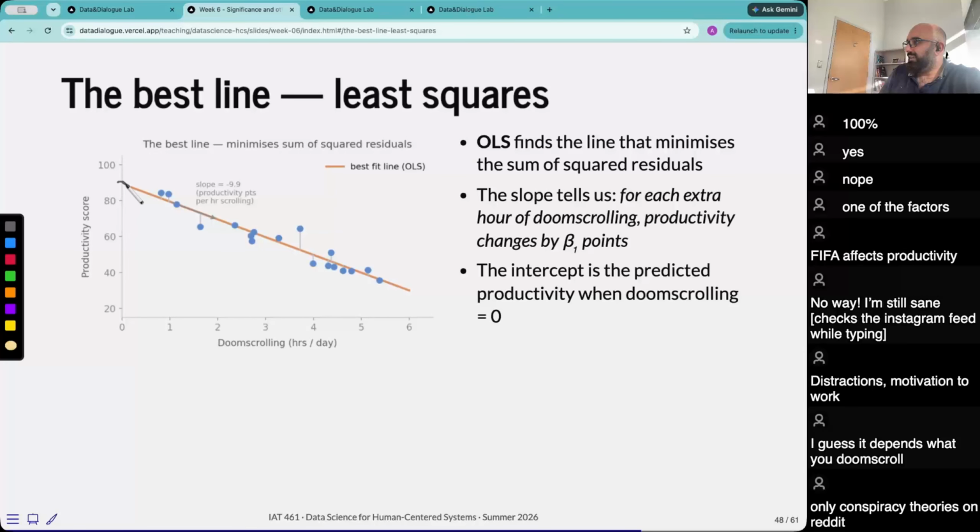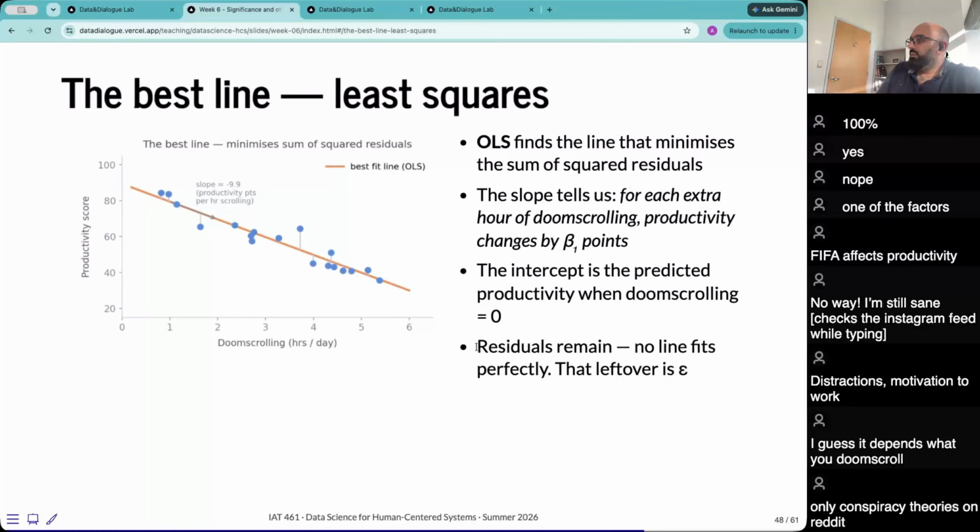That is the intercept and how much, if we change 1, how much this productivity drops, that is the slope. These are the two things you want for a linear regression. So don't be scared. Slope is easy. Intercept is easy. The residuals remain. No line fits perfectly. This leftover is our error.